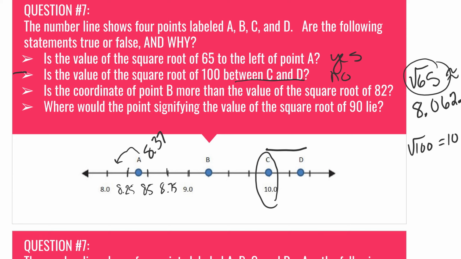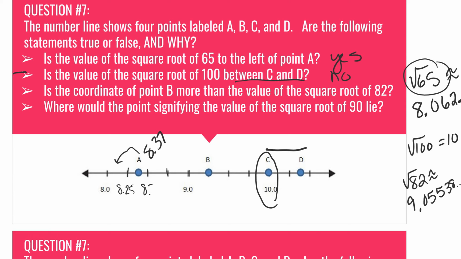The next bullet, third one down, says, is the coordinate of point B more than the value of the square root of 82? So we have to calculate the square root of 82, and that is approximately 9.05538, and so on. What is the value at point B? Well, here's 8.